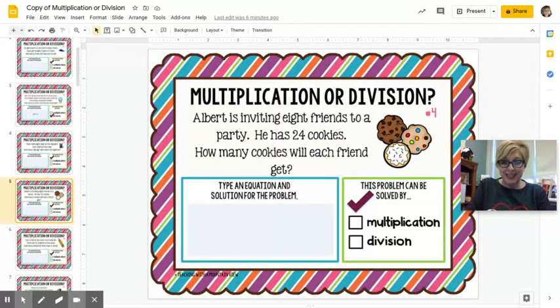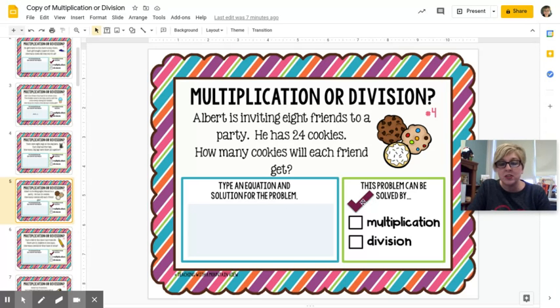Let's think. If he has 24 cookies, he's having a party, and a certain number of friends come over, is each friend going to get more than 24 cookies or less? If we think about that logically, each child is going to get less because we're dividing out that group of cookies. He had 24 cookies to start with.